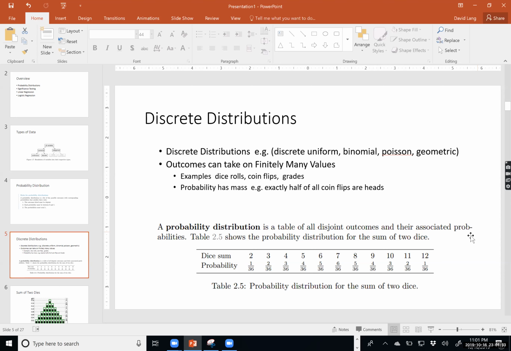What you see is that even though a particular die roll is what we'd call uniform, when we start to make operations like computing the sum of two dice, it starts to look a little bit more normal, or more bell curve shaped.